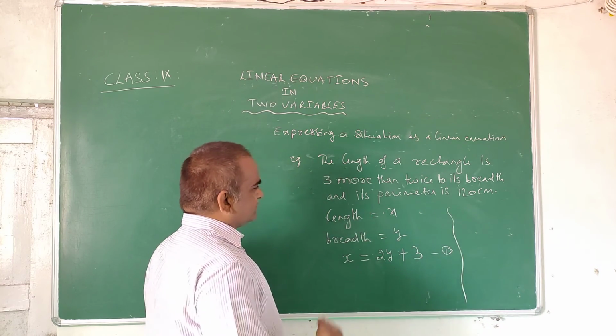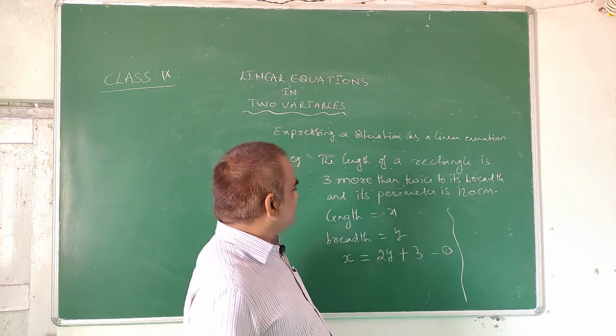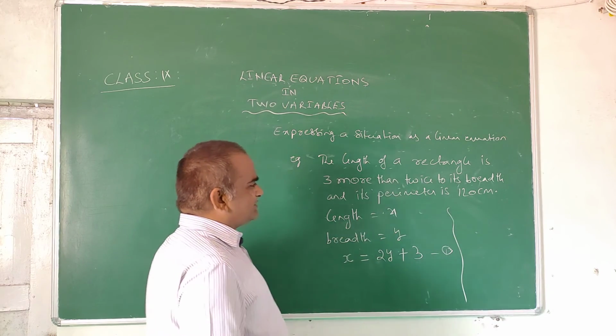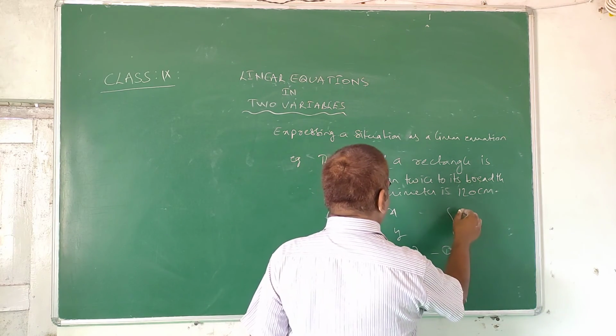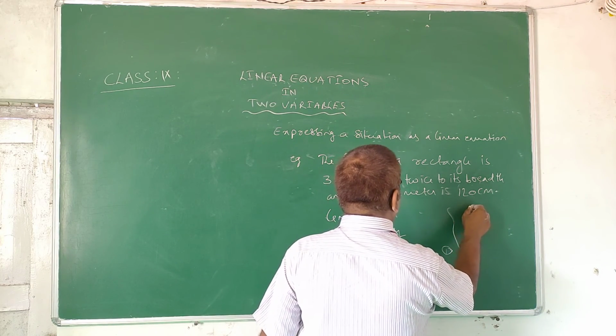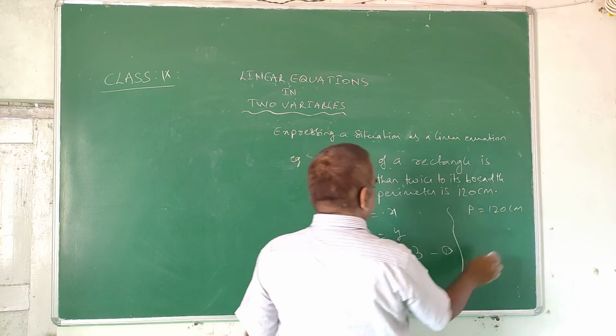So what is another condition you have in the question? The perimeter is 120 centimeters. So perimeter is equal to 120 centimeters. P for perimeter.